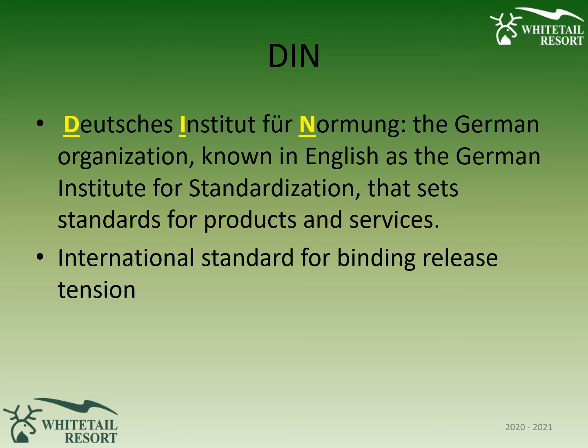The higher the DIN number, the more force needed for the boot to break free from the binding. The DIN is an international standard, so if a skier skis today at Whitetail, the Swiss Alps next week, and then Sapporo, Japan the week after that, the rental shop at each location will set the DIN to the same setting, regardless of the binding's manufacturer.